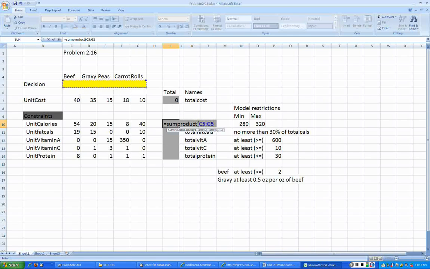On your keyboard, you hit F4 to make this an absolute reference. On my keyboard, which is a different kind, somehow that function is not operational, so I'm just going to prefix them with a dollar sign.